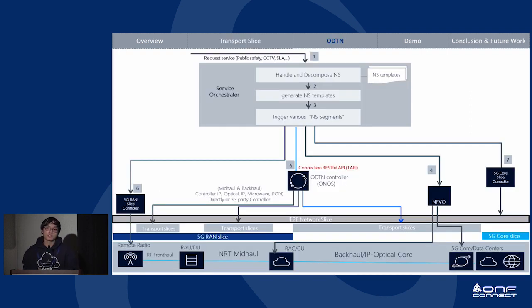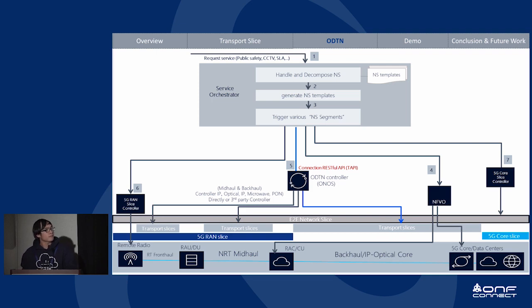In order to provision an end-to-end network slice, we would need an end-to-end cross-domain service orchestrator. In our research, we have developed a service orchestrator. Here is the workflow of provisioning of an end-to-end network slice.